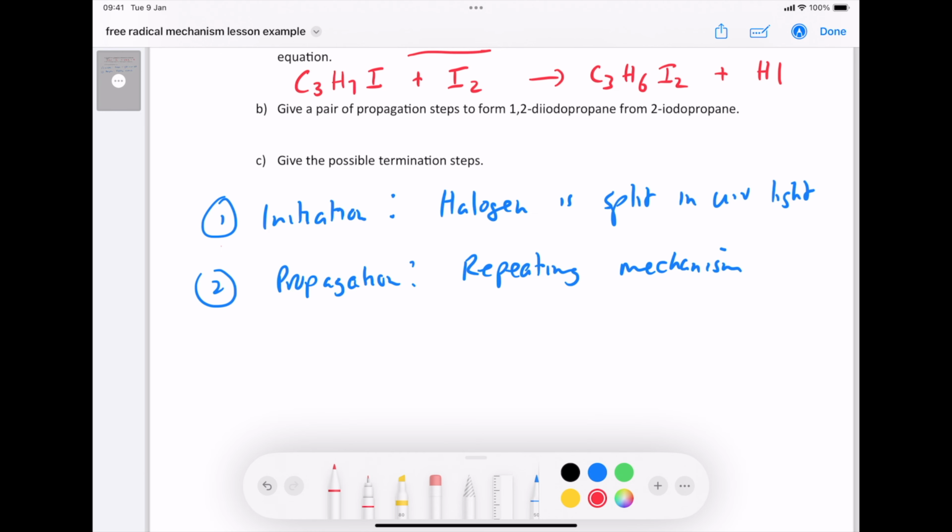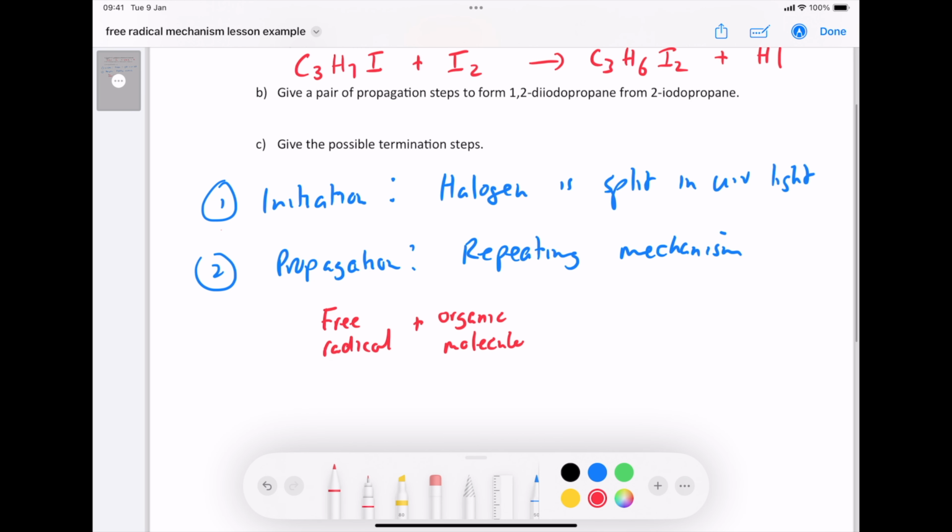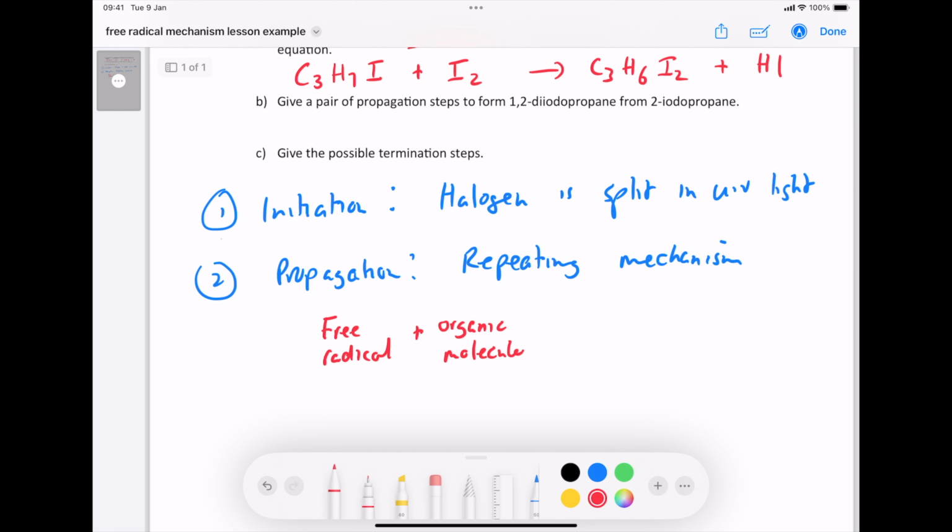In the first part of the propagation, we have the free radical that reacts with the organic molecule, which is in this case C3H7I. What that does is produce a new free radical plus your hydrogen halide. You always produce hydrogen chloride, hydrogen bromide, or hydrogen iodide in the first step. X is the halogen. So that's part 1.